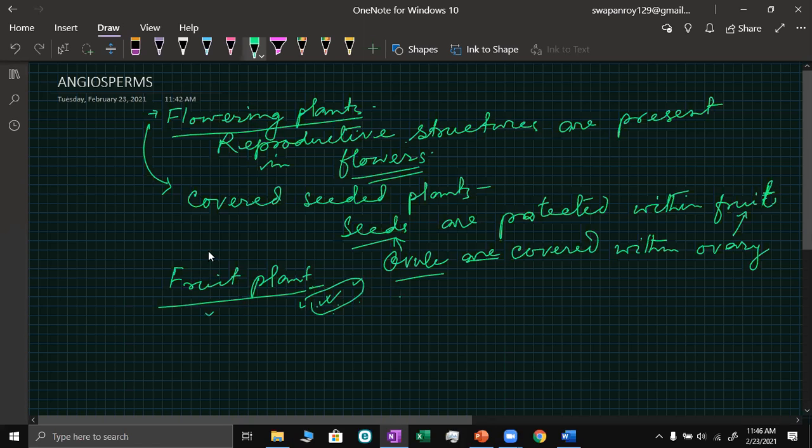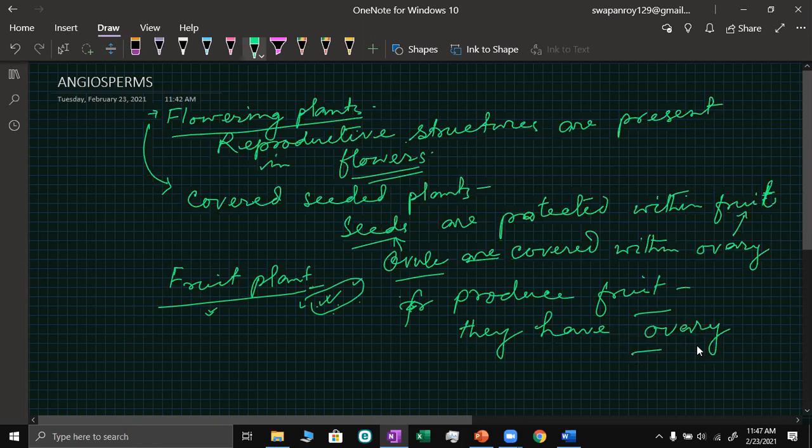But here in angiosperms, because they produce fruit. Why do they produce fruit? Because they have ovary.